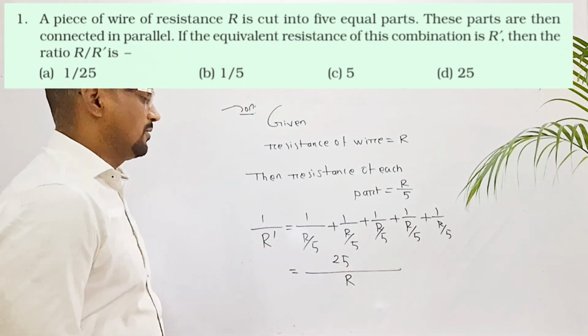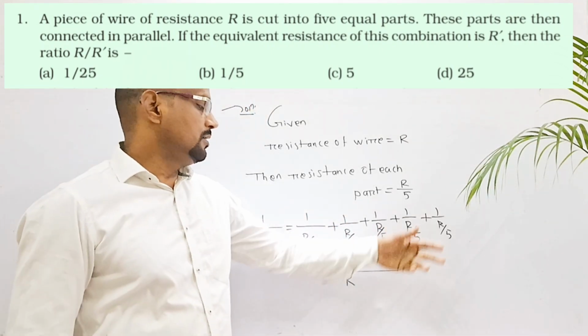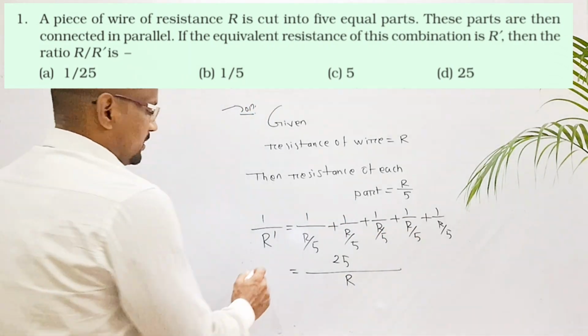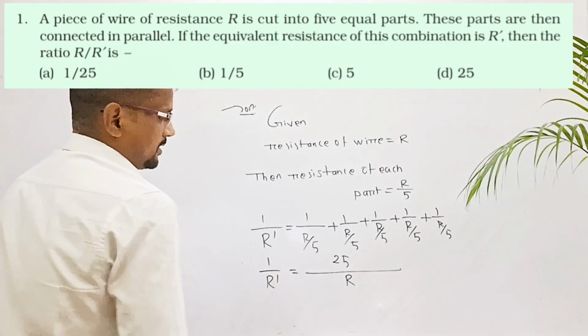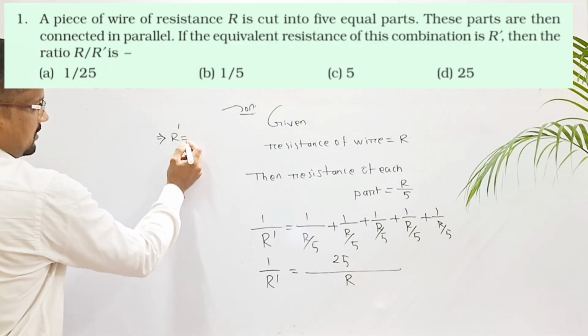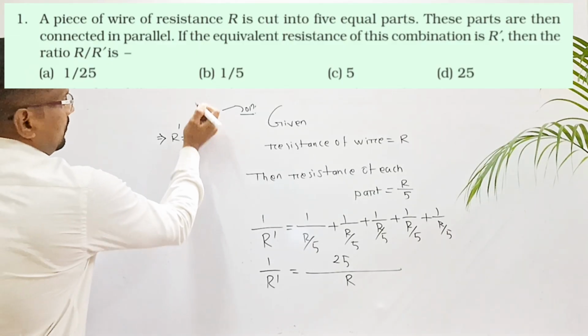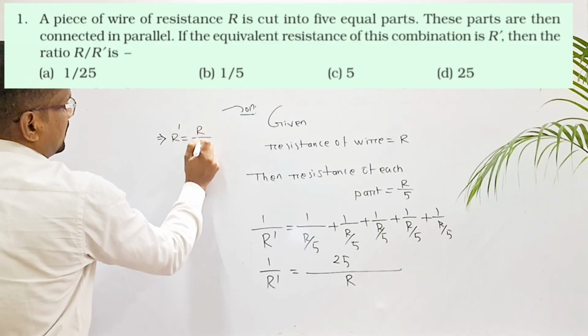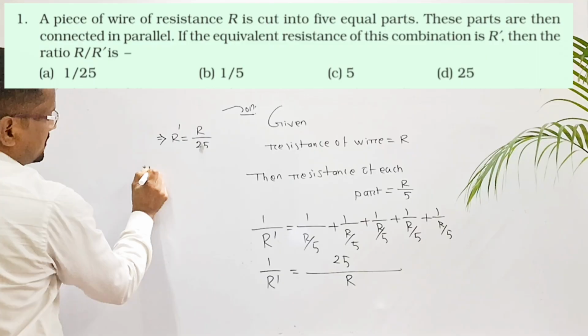So directly, simple calculation, 5 by R, 5 by R, 5 by R, that will be 25 by R. That is, 1 by R dash is 25 by R. So from here, you will get R dash equals R by 25. Now find the ratio.